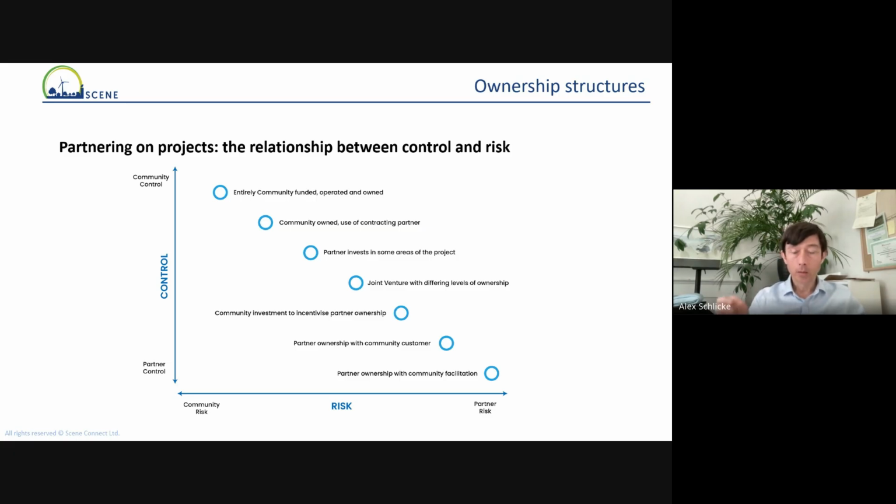So there's always a balance that needs to be understood between control and risk, and where you as a community entity feel comfortable sitting within that, and also which partners you can bring on board to support your journey.